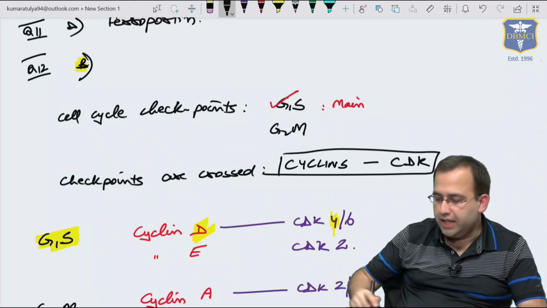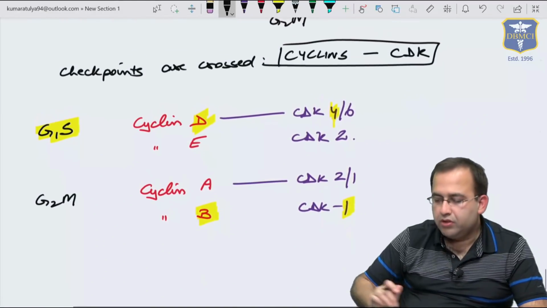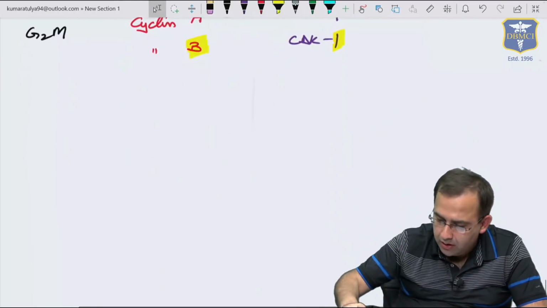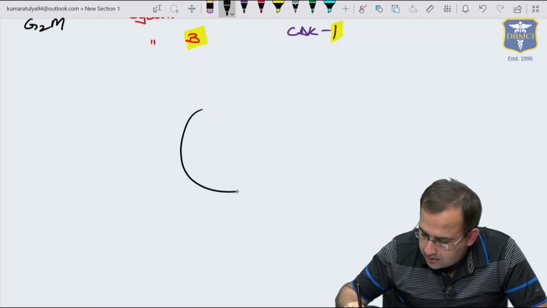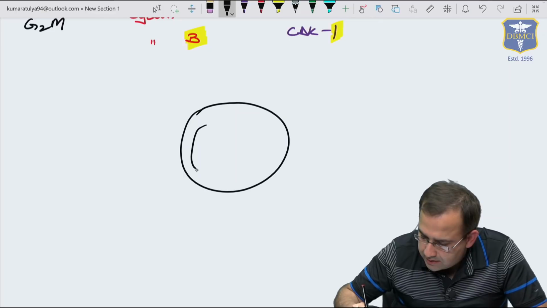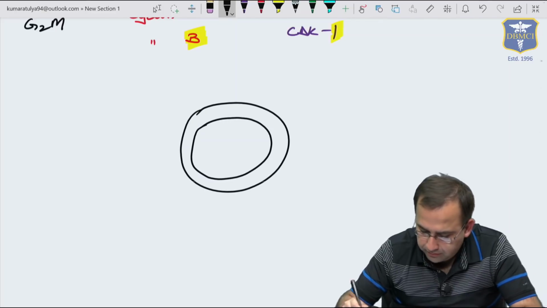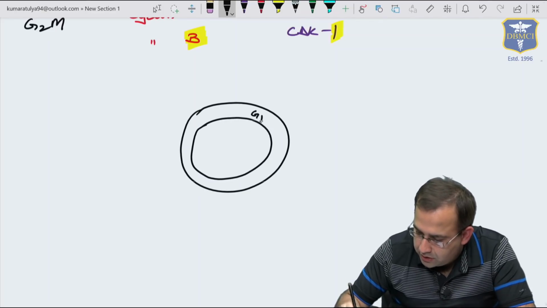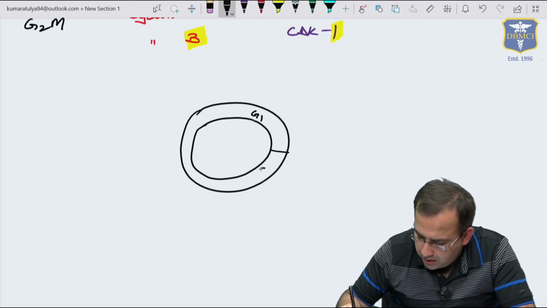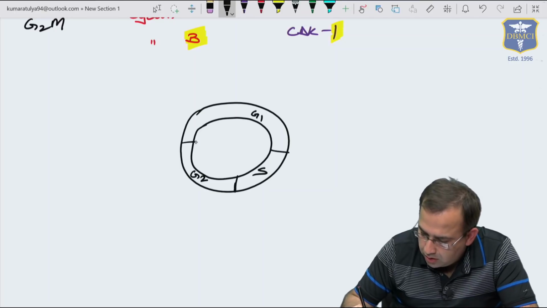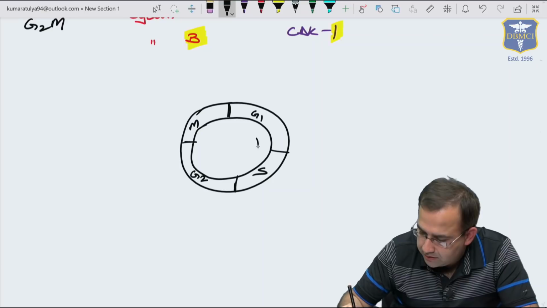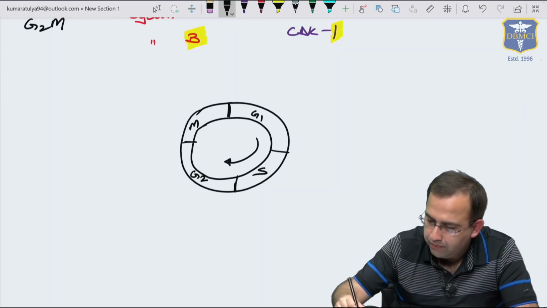Next, if I have to write this as a pie chart, that is G1S, let me make this for you, G1S, G2M. This is the way the cell cycle will continue.